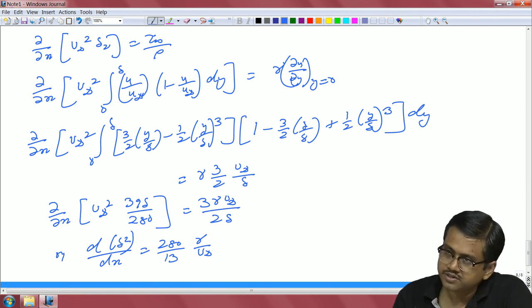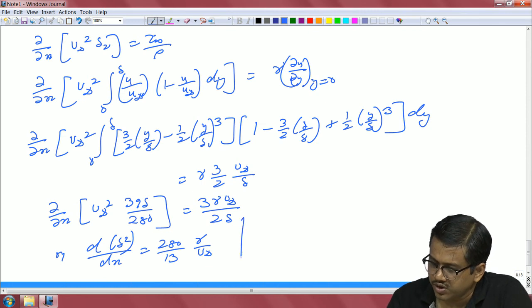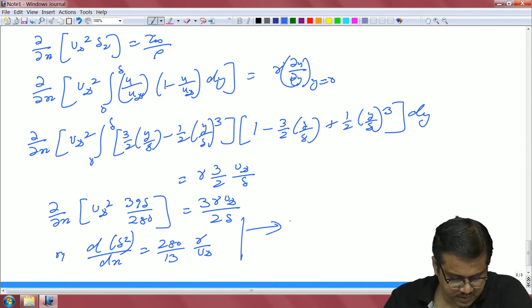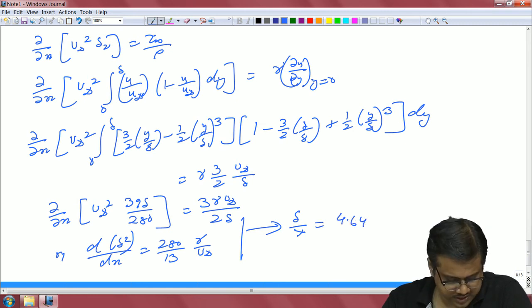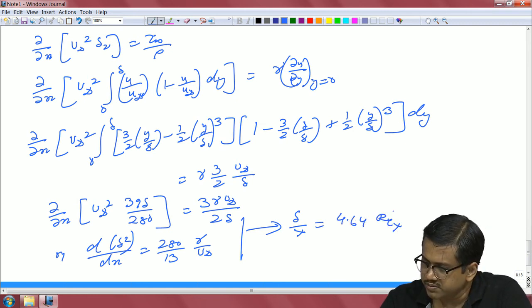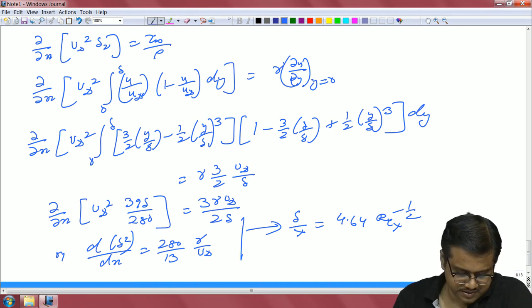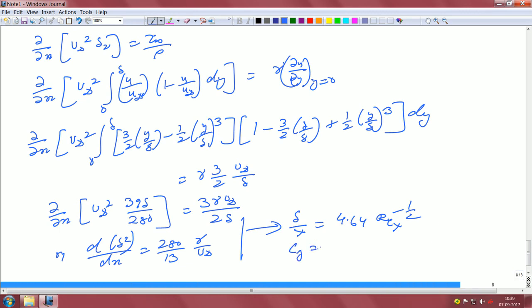Now it is very easy because delta only depends on x, that we already know. In this case, you will get delta by x equal to 4.64 into Reynolds number x to the power of minus half. Cf will be given by tau wall by rho u infinity square. So, using this simple enough expression, we have got this result, which is 4.64.